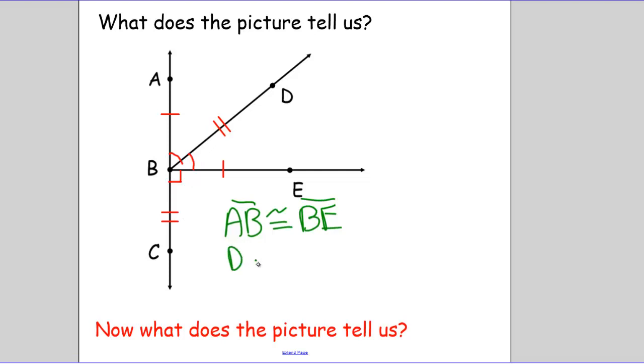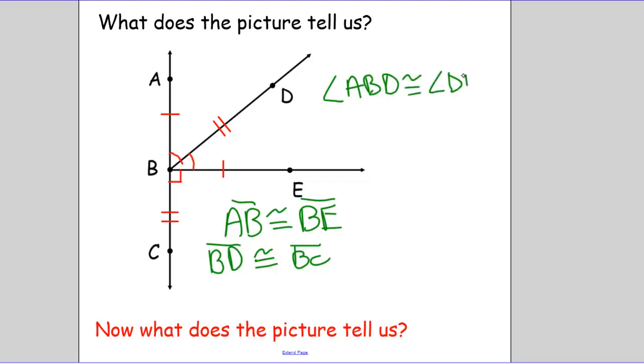So BD is congruent to BC. All right. Now, we talked about our angle markings. Since angle ABD is marked with 1 arc, and DBE is marked with 1 arc, those are congruent. And then there's one other thing.